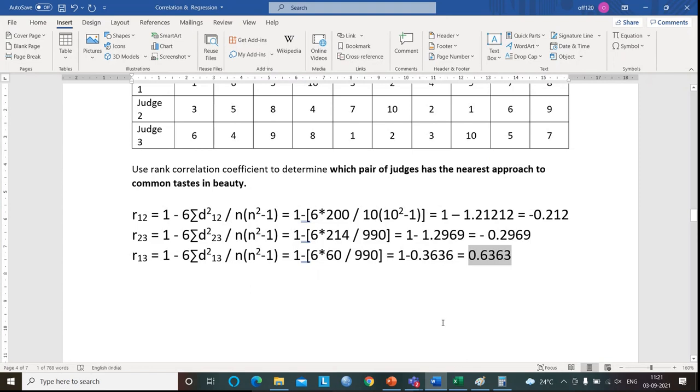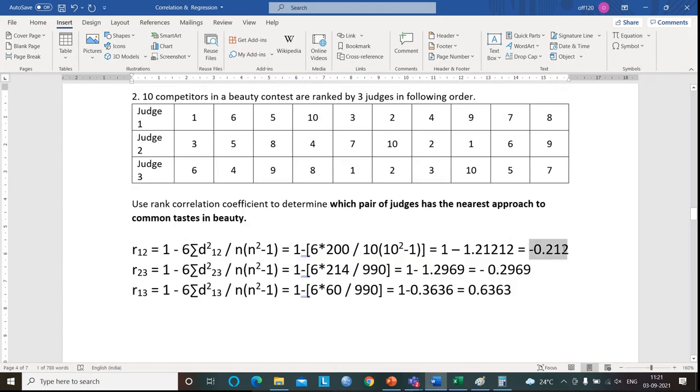Now let us compare these three answers. The first answer is minus 0.212. The second one is also negative, minus 0.2969. What does that mean? Negative means a negative correlation between the first and second judge. Negative correlation means that if the first judge is giving the highest rank, the second judge is giving the smallest rank.